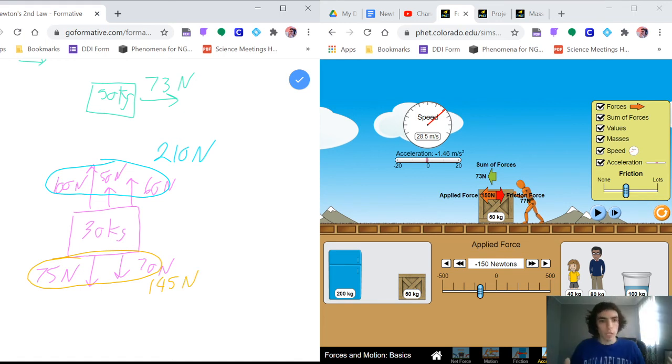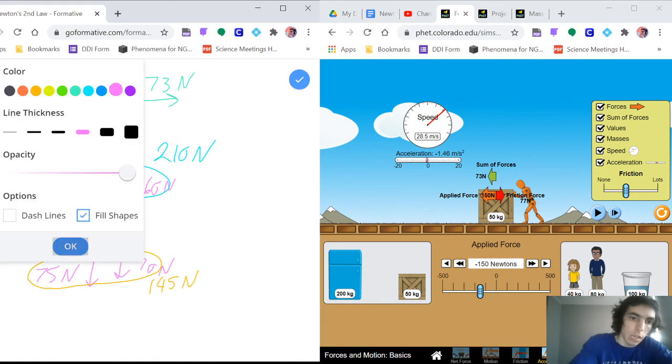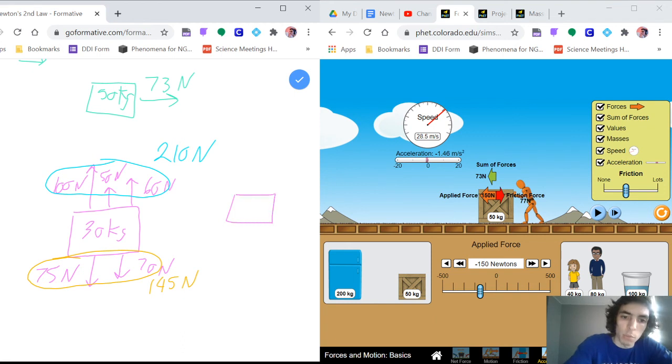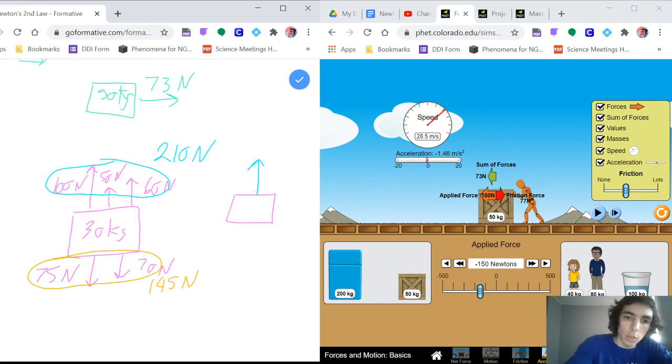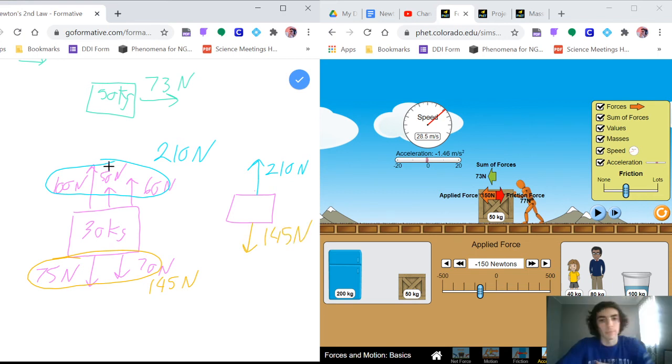So we can treat this as if this is a situation that we've dealt with before of a 210 Newton force going up and a 145 Newton force going downwards.